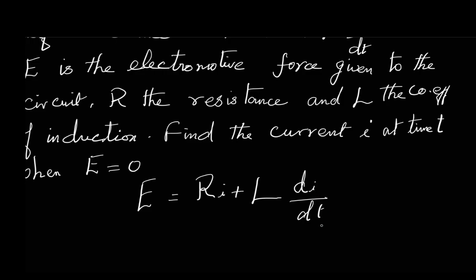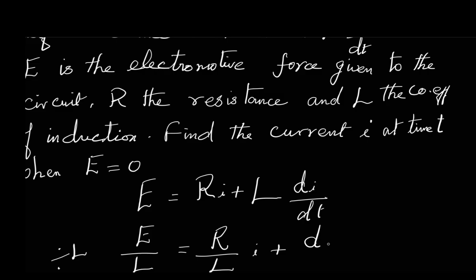Here di/dt, current i with respect to t, and the coefficient is L. I divide each term by L, so I will get E/L = (R/L) i + di/dt.